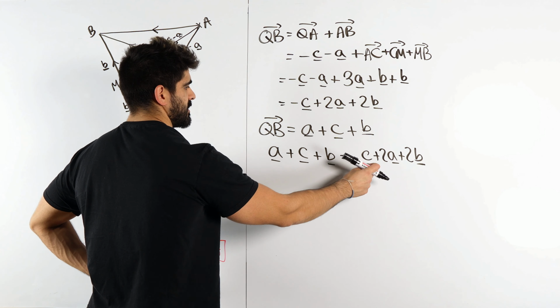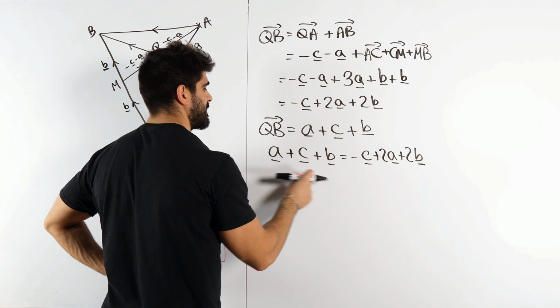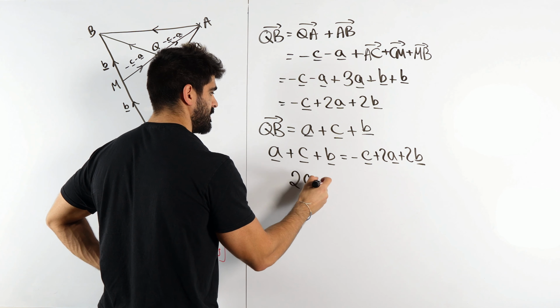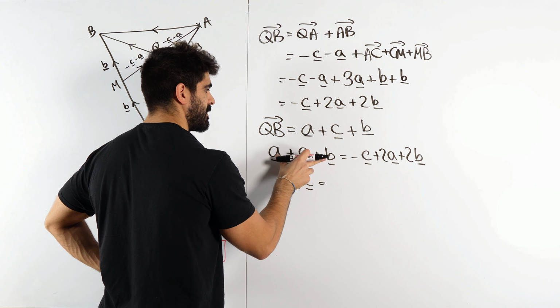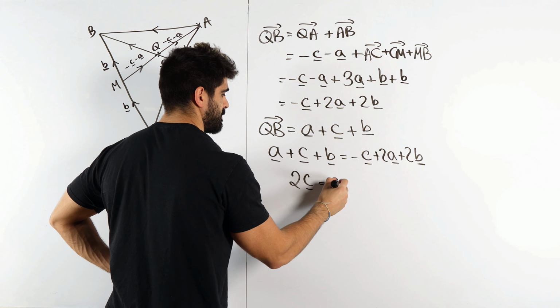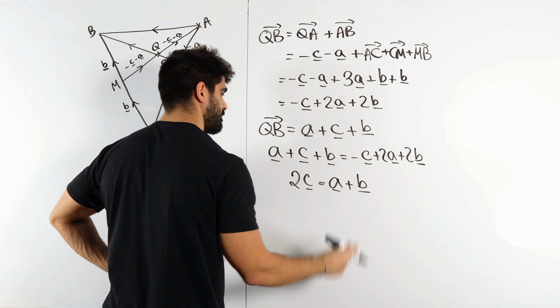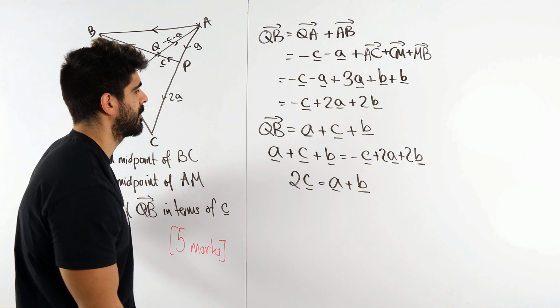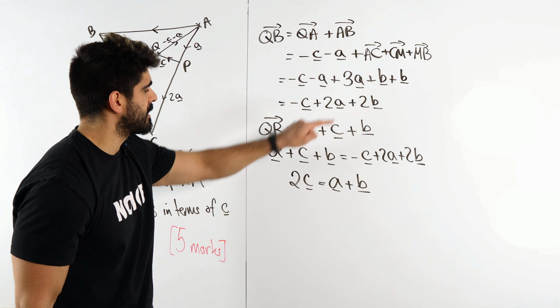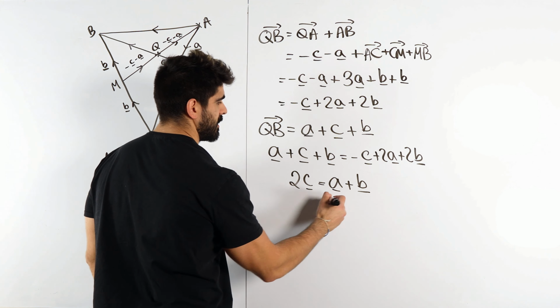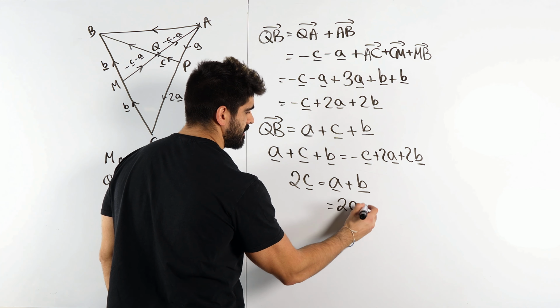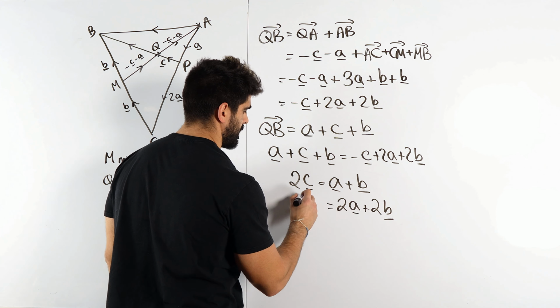Now, I guess here, if I move that C over, I get 2C is, and those A plus B's move to the other side, I'll just get A plus B. Okay, but I wanted 2A plus 2B. So if I double this, I get 2A plus 2B is 4C.